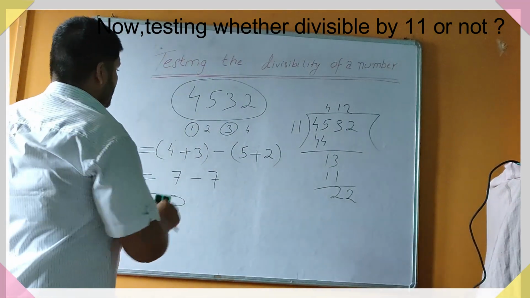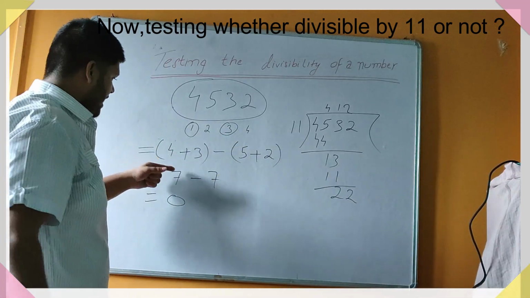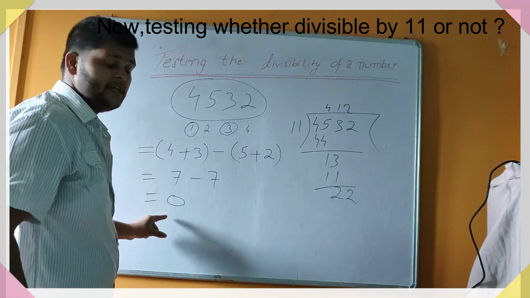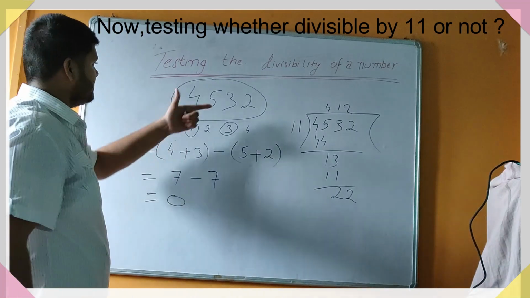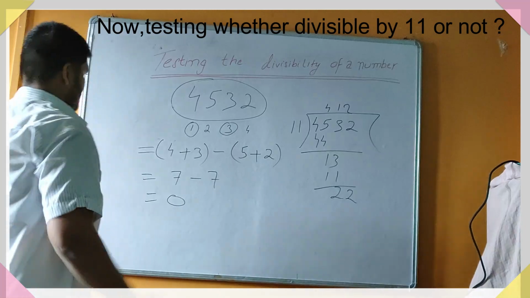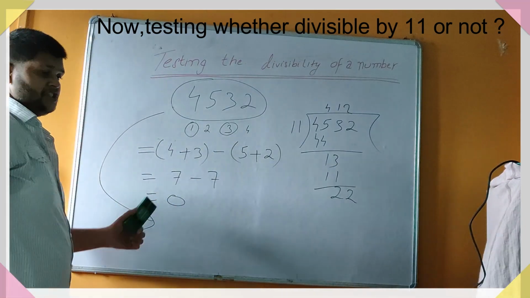When can we say? When we do this process, and after doing this process we are getting 0 or a multiple of 11, then we can conclude that this whole number is divisible by 11. So in this case the result is coming out to be 0.